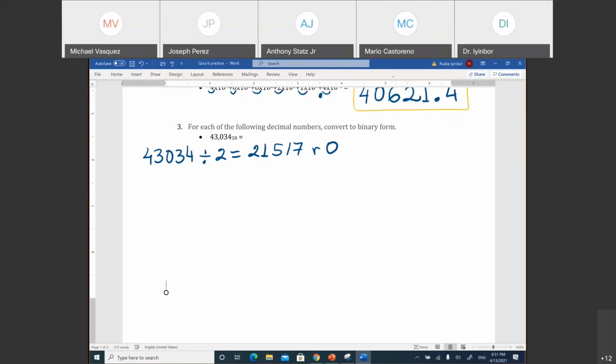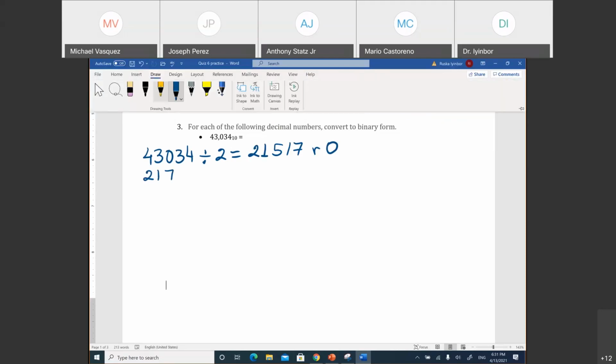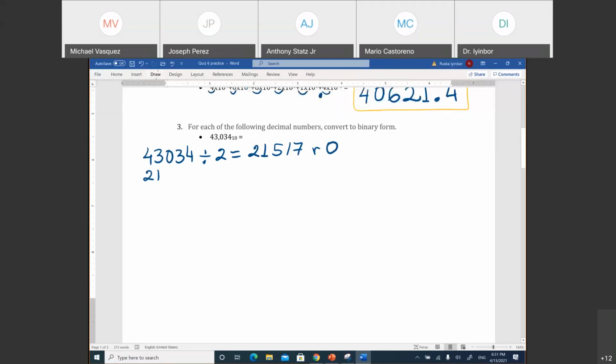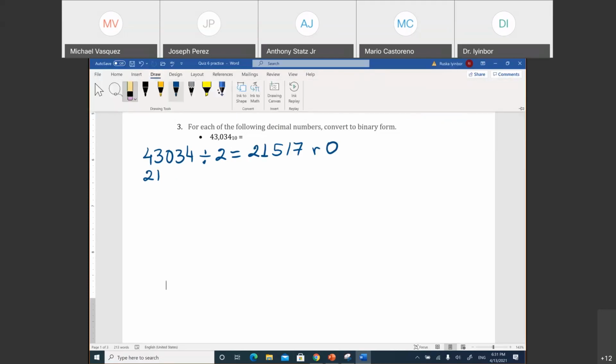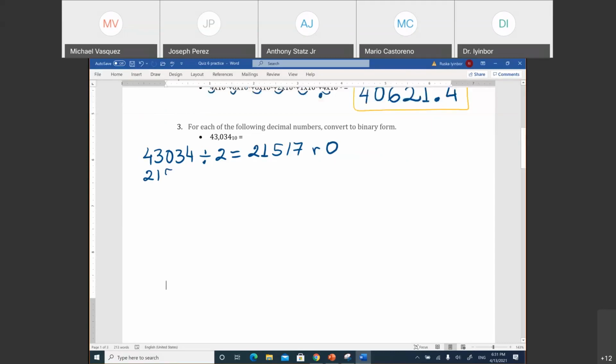Then I take the quotient, 21,517, and divide it by 2, and that's 10,758 with remainder 1.